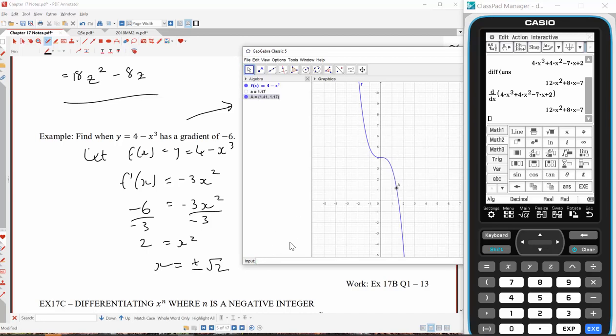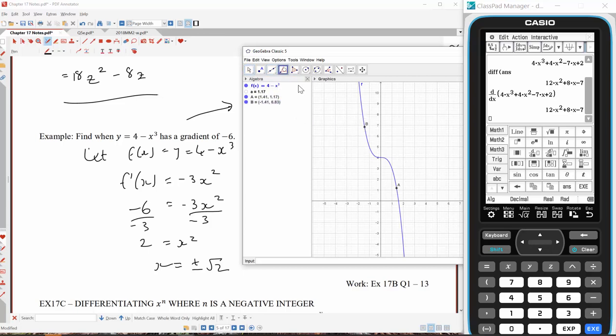Now let's do the other one. So f of, in fact, we know what that point's going to be. It's going to be negative square root 2 comma a as well. There it is there.